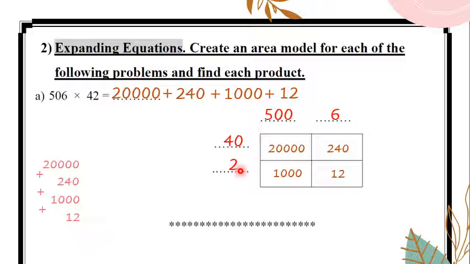And don't forget to write each place value under each other. Now 2 plus 0 plus 0 equal 2 and 4 plus 1 equal 5. 2 plus 0 plus 0 equal 2 and 1 plus 0 equal 1 and drop the 2 down, so the answer is 21,252.